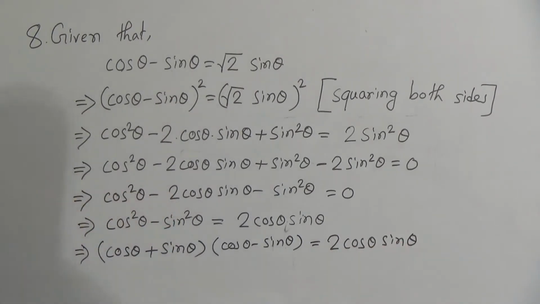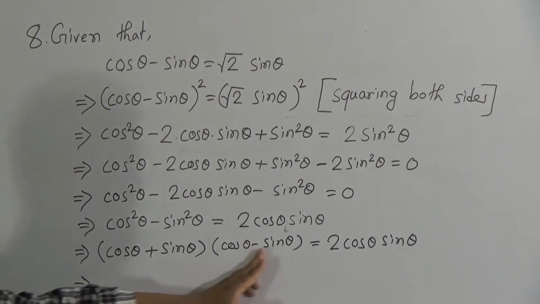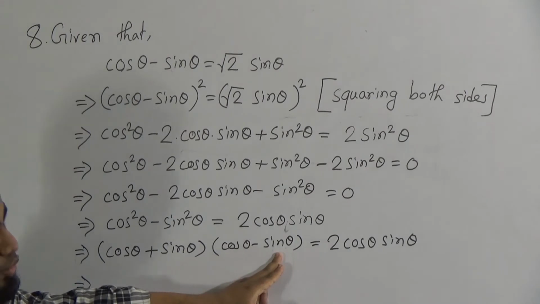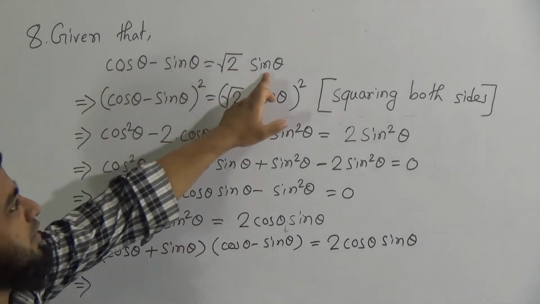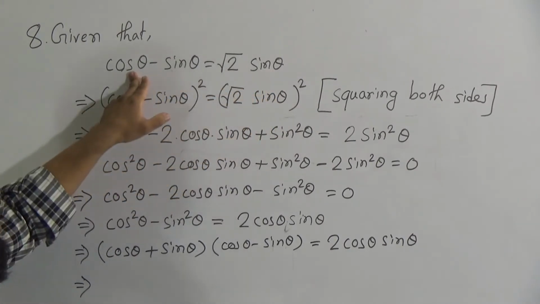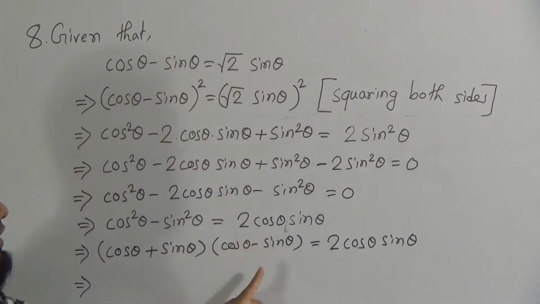Now, my dear students, look, it is given that cos theta minus sin theta is equal to square root 2 sin theta. So we can put the value of cos theta minus sin theta in this expression.